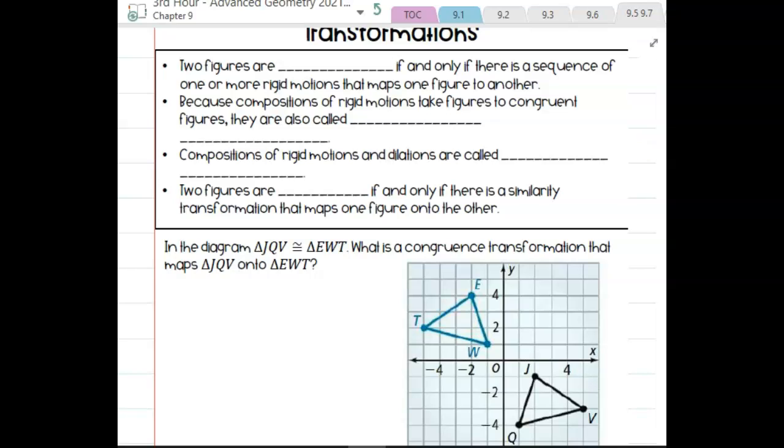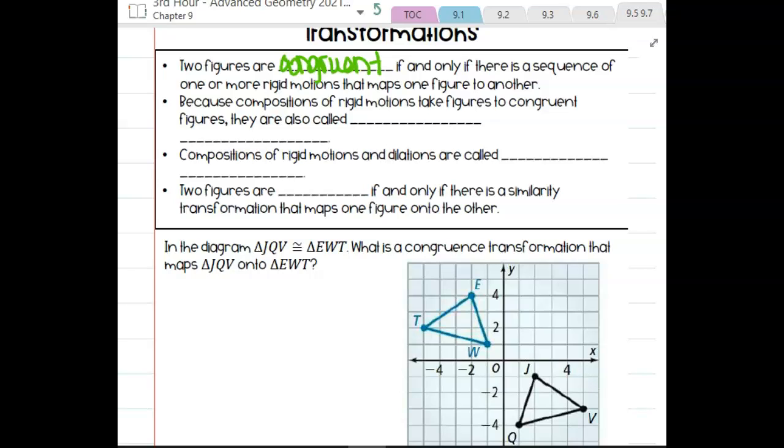So, to start off here, 2 figures are congruent if and only if there's a sequence of one or more rigid motions that maps one figure to another. And we kind of already addressed this on that very first day on Monday, because we talked about how rigid motion preserves angle measure and distance.